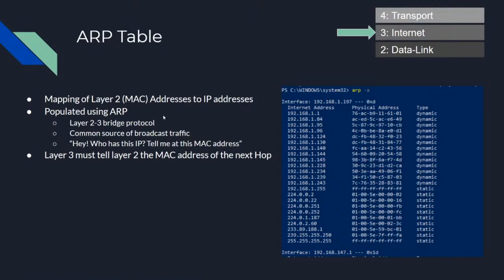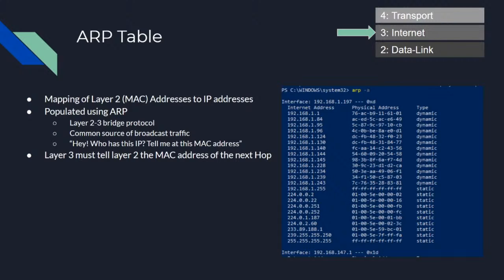ARP is kind of a bridge between layer 2 and layer 3. It works by broadcasting out on the network, essentially, "Hey, who has this IP? Tell me at this MAC address." Then the host who has that IP address, if it exists, will reply, "Hey, I have that IP.